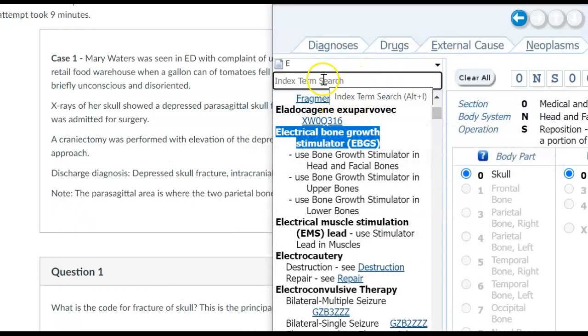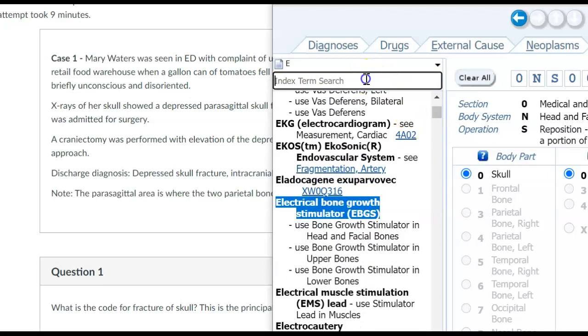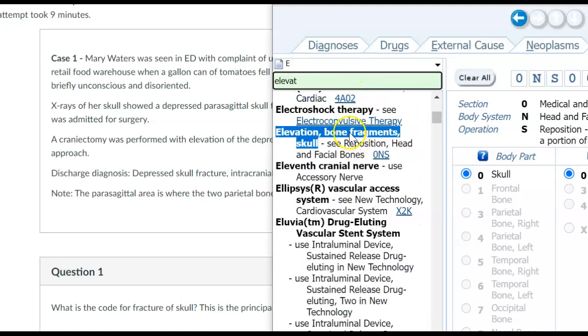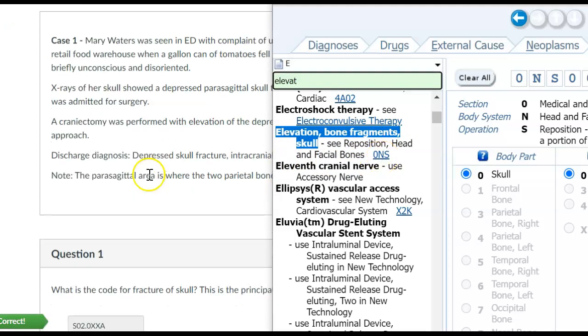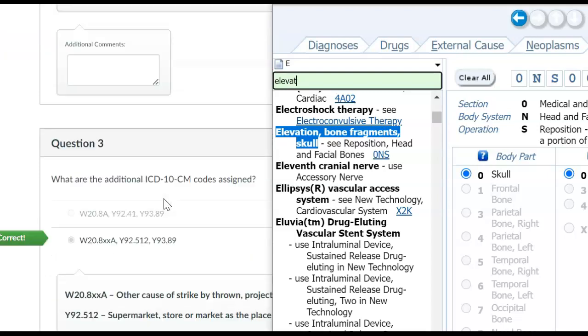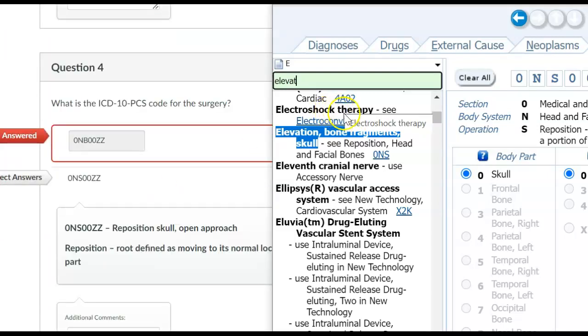So even in your PCS book, if you would look up elevation, I just missed it here. If I look up elevation, bone fragments of the skull, that's exactly what they're doing. Then it tells you right here, see reposition head and facial bones. So that's going to take you to your 0, you find it here, your 0NS.